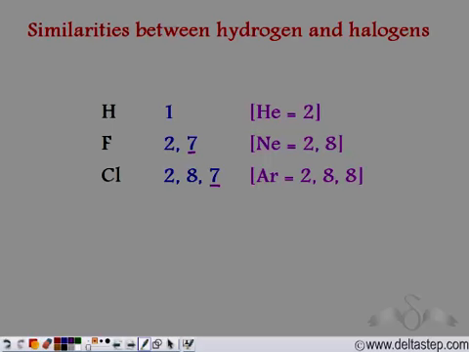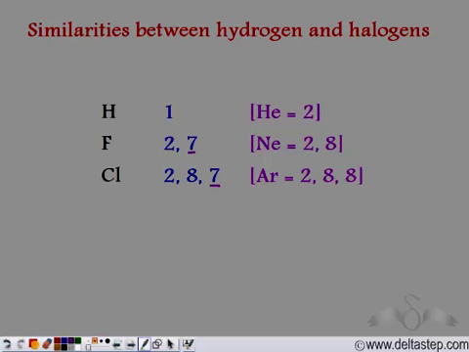So fluorine has an electronic configuration 2,7. The nearest noble gas is neon, which has 2,8 electronic configuration. So the outermost shell has one electron less than the nearest noble gas. Similarly, chlorine has one electron less in the valence shell, like the nearest noble gas.